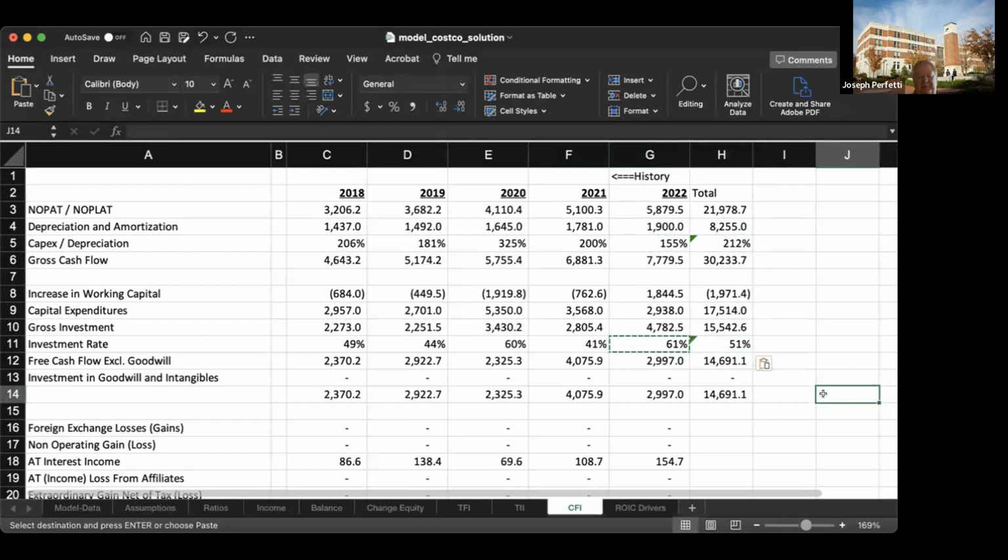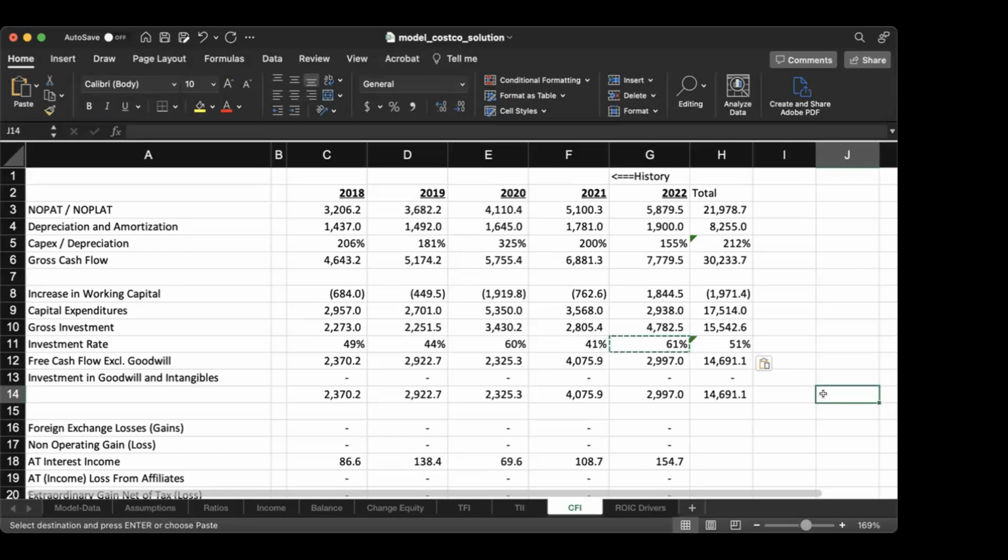What's their story? Tell me about the 5 years of historical free cash flow at Costco. What were the insights? Oz?